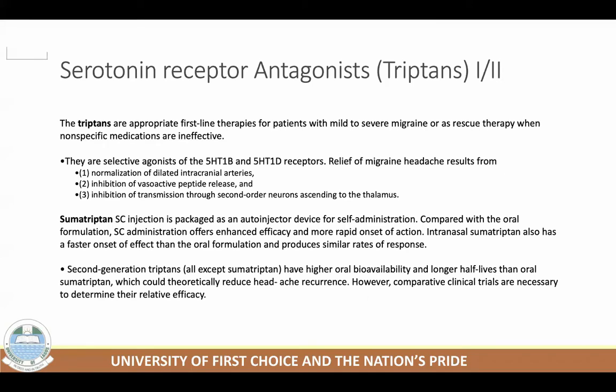The triptans are appropriate first-line therapies for people with mild to severe migraine, or as rescue therapy when non-specific medications are ineffective. Now, for patients in Nigeria, we don't use triptans as first line in Nigeria.